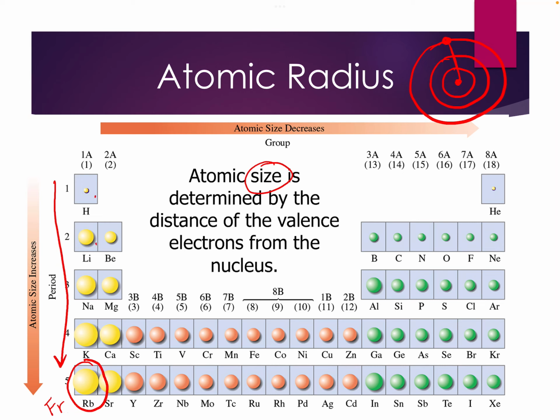From hydrogen to lithium to sodium to potassium to rubidium, we're getting bigger and bigger. We're going to talk why that is in just a minute. But as we go from left to right across the periodic table, you'll notice that the element is getting smaller. And I want you to make a note of this one because that's not something that we would really predict. And we'll talk more about that on the next slide.